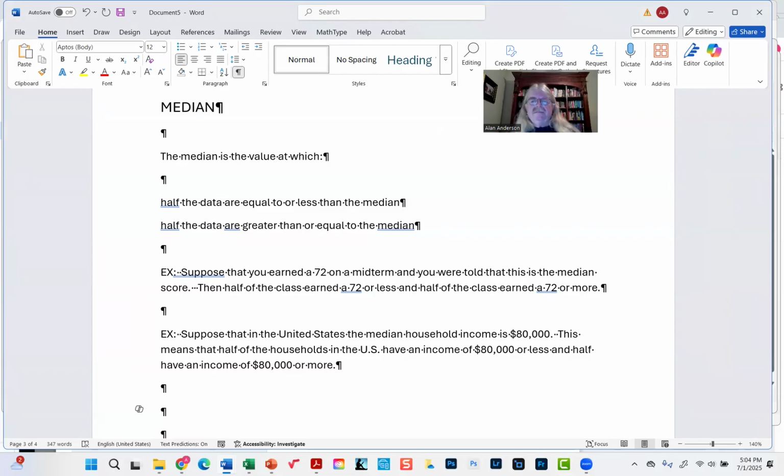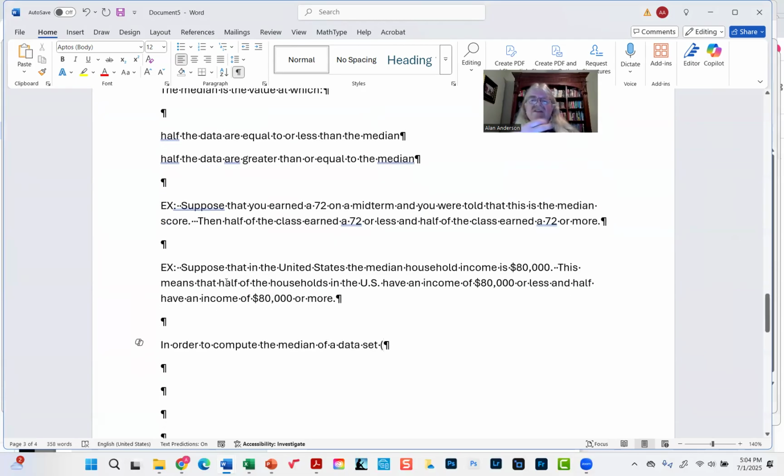And so in order to calculate the median, though, there's one tricky part. By the way, in these notes, the words data set will be used to represent either a sample or a population.